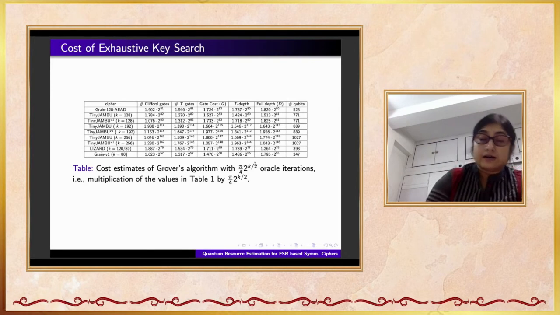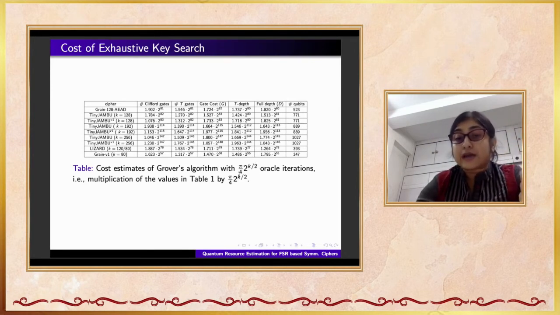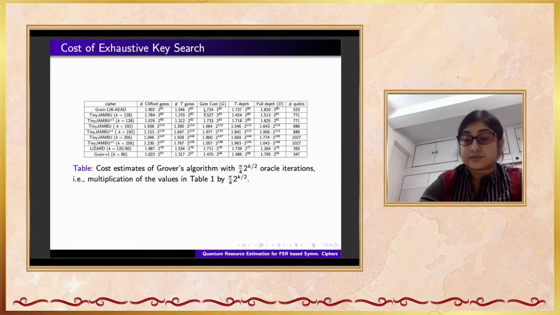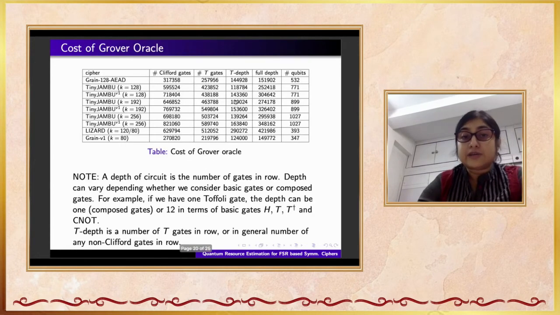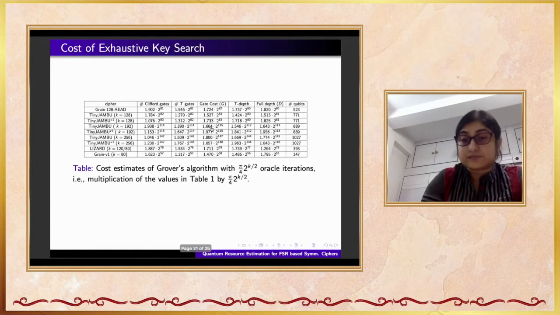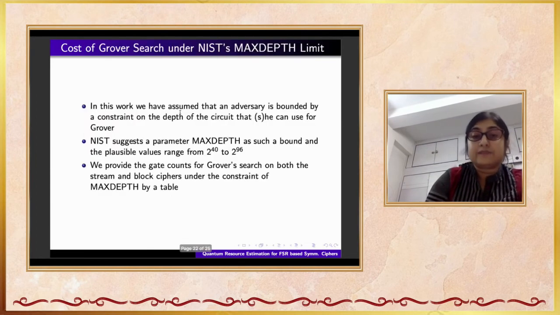Because we have to repeat the Grover iteration pi by 4 into 2 to the power k by 2 many times. This number of iterations is required. That is why, when we estimate the cost for exhaustive key search, we multiply each element of this table with this factor pi by 4 into 2 to the power k by 2.